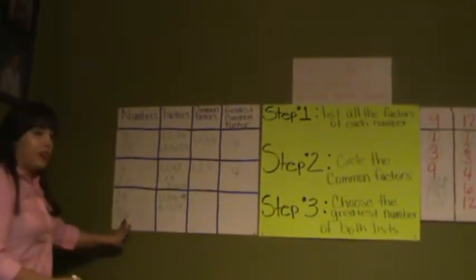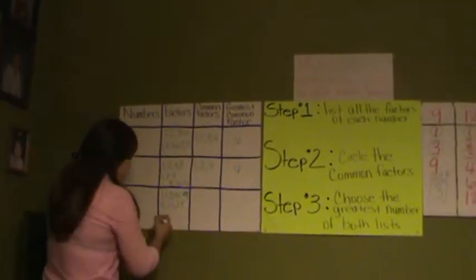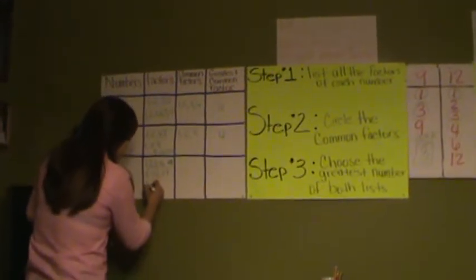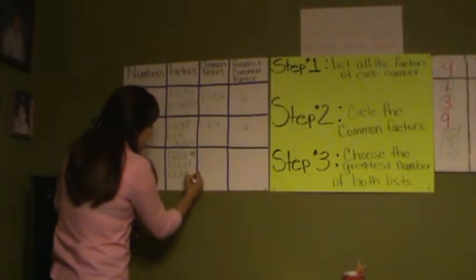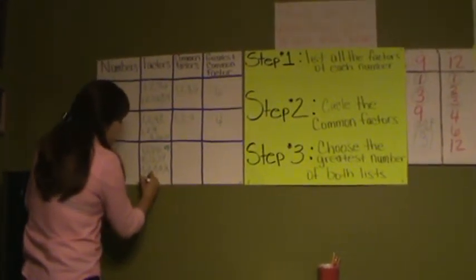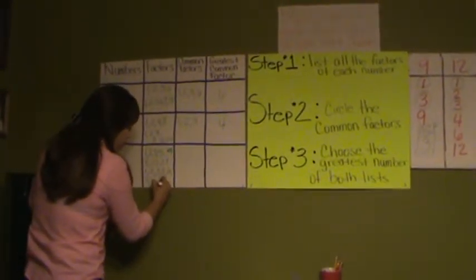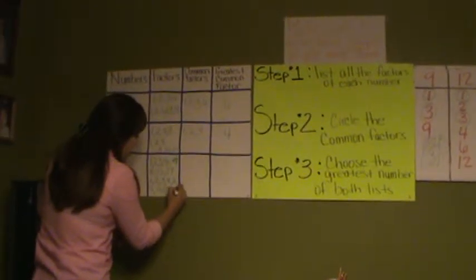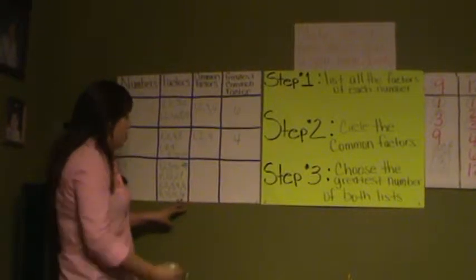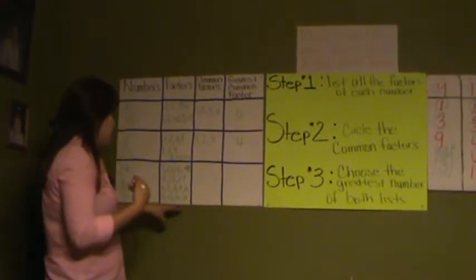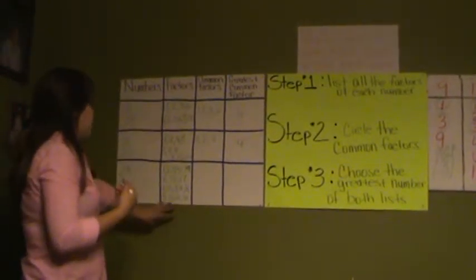So let's look for the factors of 36. We have 1, 2, 3, 4, 6, 9, 12, 18, and 36. It seems a little challenging, but if you really think and you go back to your multiplication, you'll find out that the factors are all there.